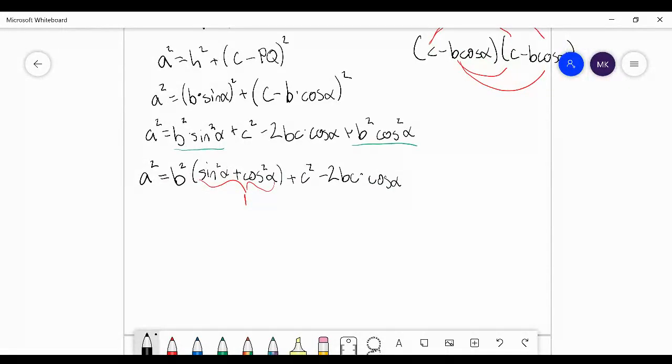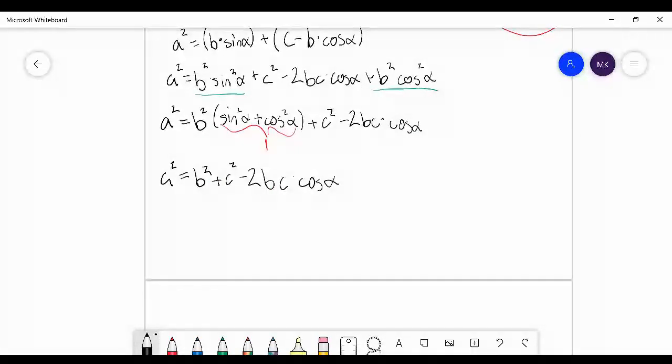Sine squared alpha plus cosine squared alpha equals 1. So we get our final statement of a squared equals b squared plus c squared minus 2bc times cosine of alpha. Okay. And what's really cool is we can flip anything in here to get our three alternate versions.